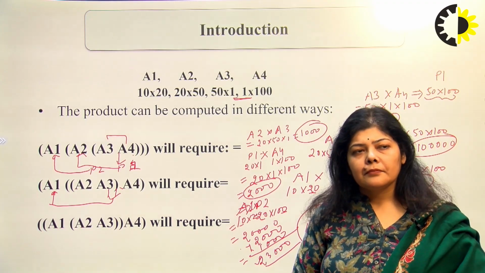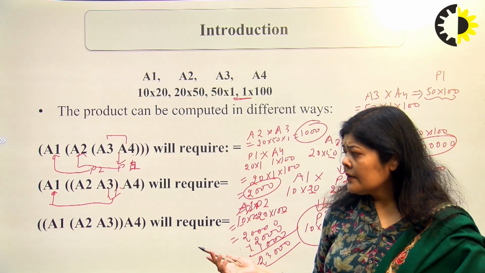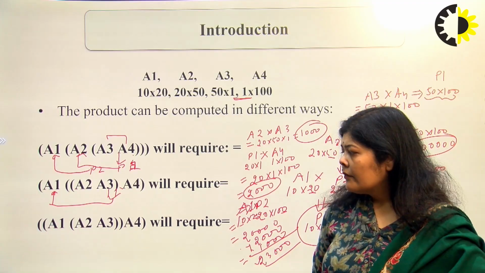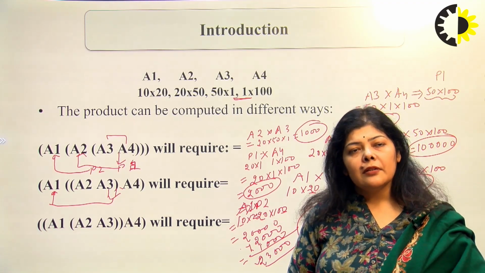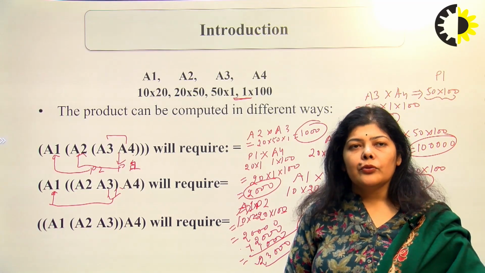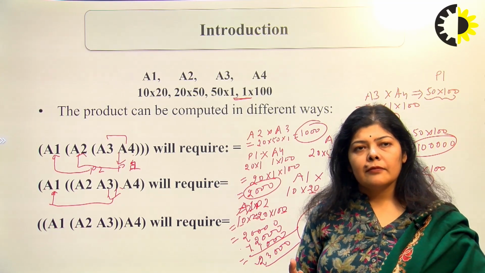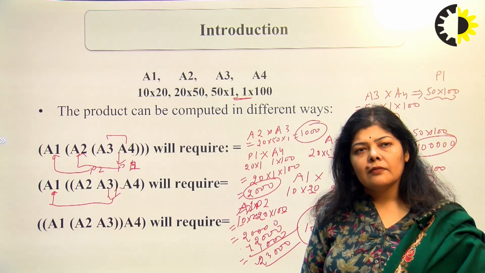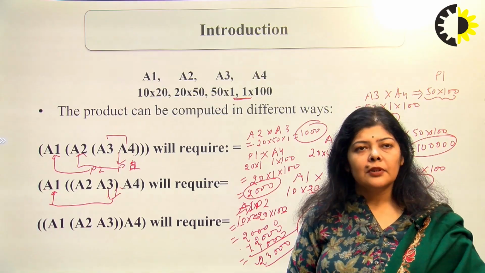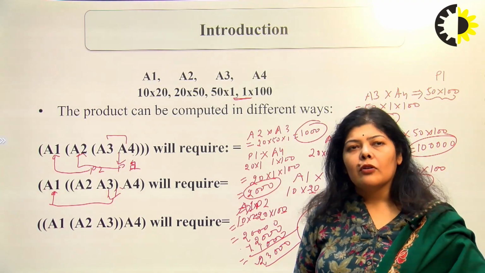And as you can see here, when we are multiplying the matrices, the matrix multiplication takes a lot of time. So if we are doing the multiplication of matrices even with a computerized algorithm, right, it is going to take up a lot of time.